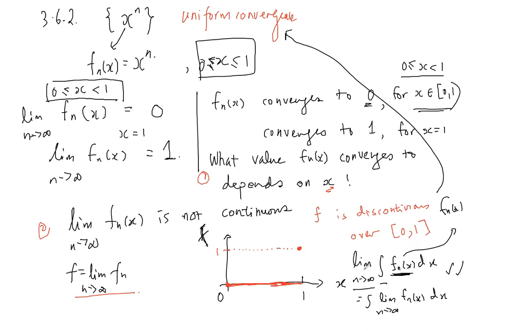A lot of times when you see these kinds of operations, if the student has not studied anything about sequences of functions, when they see a limit and an integration, they might automatically swap them. But then they have no justification for it. They don't know why.